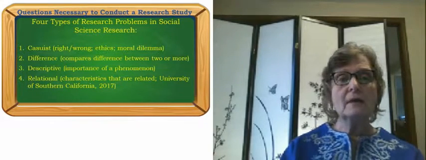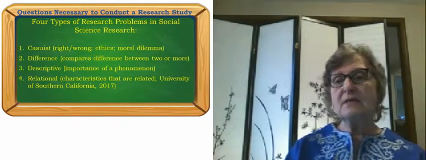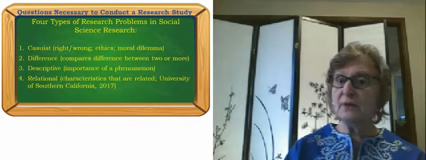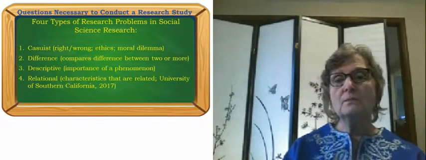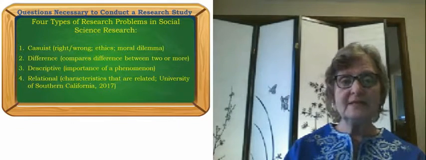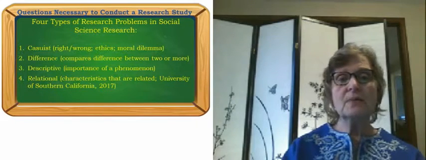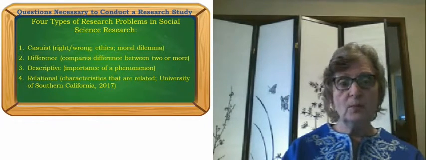According to the University of Southern California, there are 4 types of research problems in social science research. The casuist is basically looking at situations and, based on a general set of rules, determining right or wrong, ethics or moral dilemmas. Number 2, the differences research study compares differences between 2 or more variables.